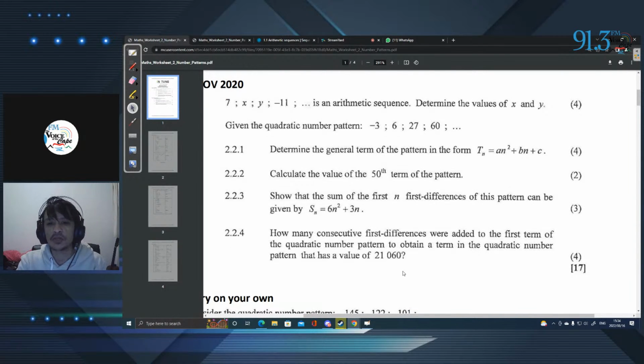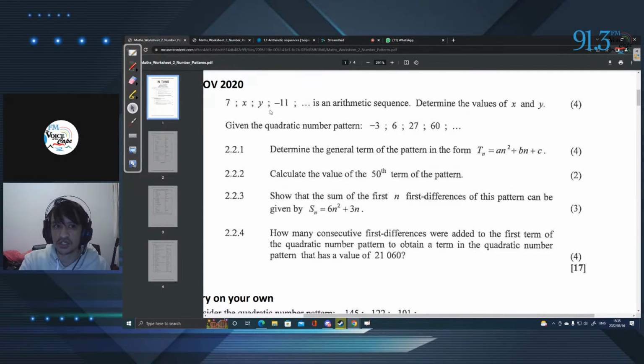Now, 2.2.4. How many consecutive first differences were added to the first term of the quadratic number pattern to obtain a term in the quadratic number pattern that has a value of 21,060. So remember what I told you about the previous question always leading into the next question, and that's exactly what's happening here.